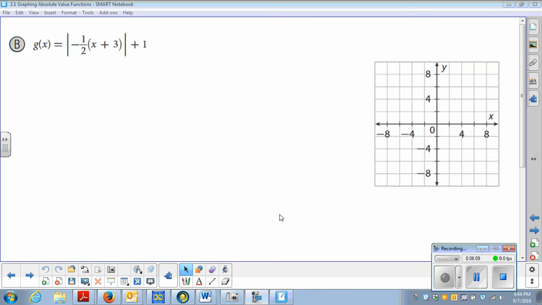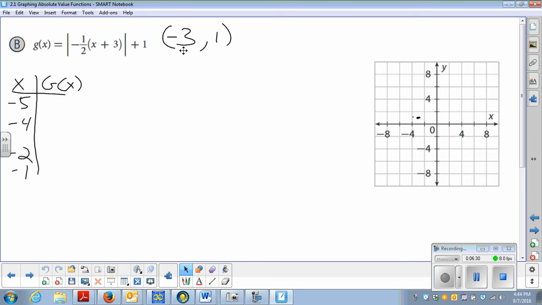Okay, as we take a look, remember our first step is to find the vertex. So I can see my H and my K right here, but remember the H already has an automatic negative. So in order for this to be positive, the 3 had to have been negative. Negative times a negative is going to make this positive. So when we graph our vertex, we will make sure that it is a -3 and our +1.